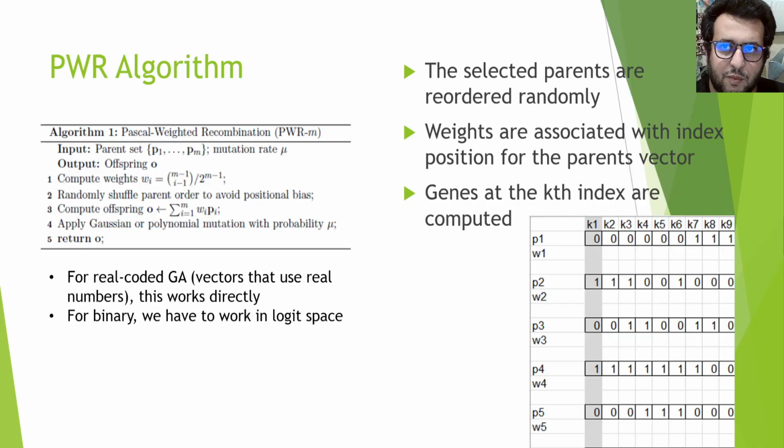You have the weight multiplied by the number that will give you a result. You add up all those numbers, and those numbers will become part of the offspring's allele or gene. Okay? For binary, there is a little bit of work that has to be done in the logit space.